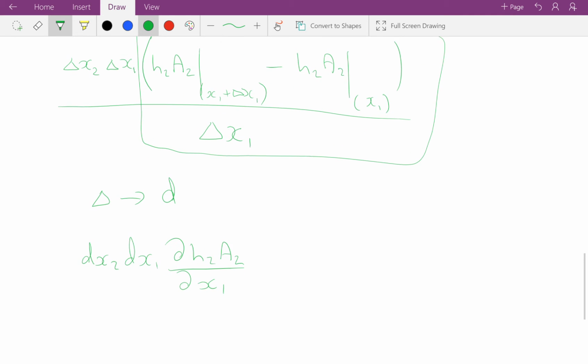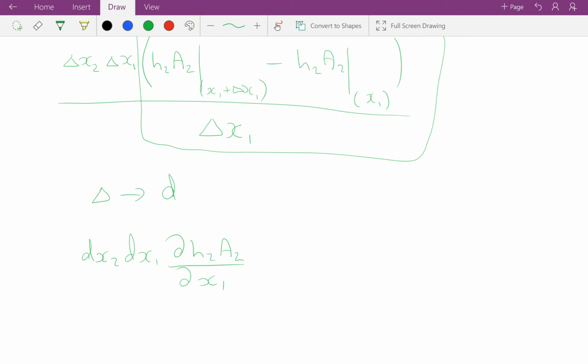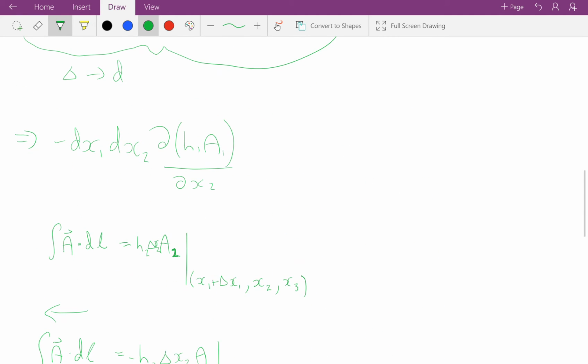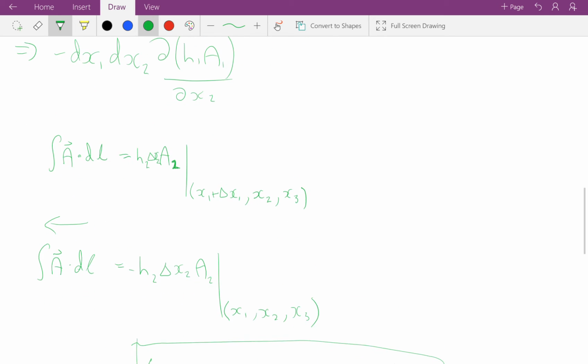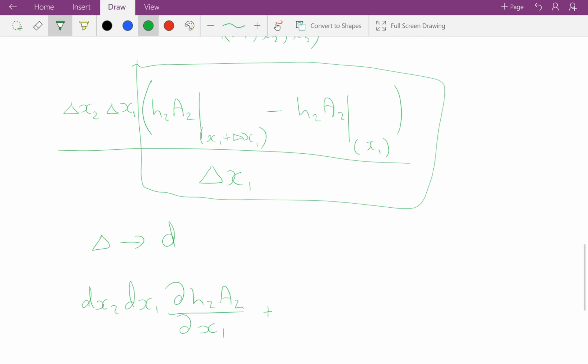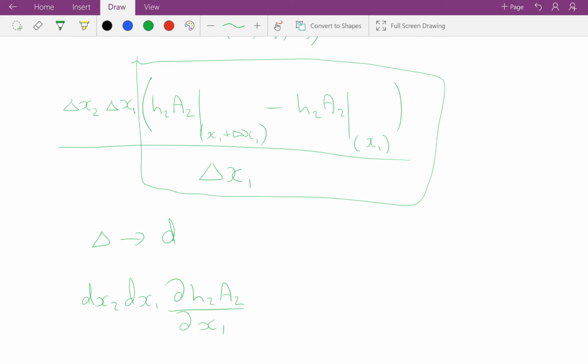And then we're going to add this to the component we had before, and then divide by the area over which we took it. So that's minus dx1 dx2 del h1 A1 divided by del x2.